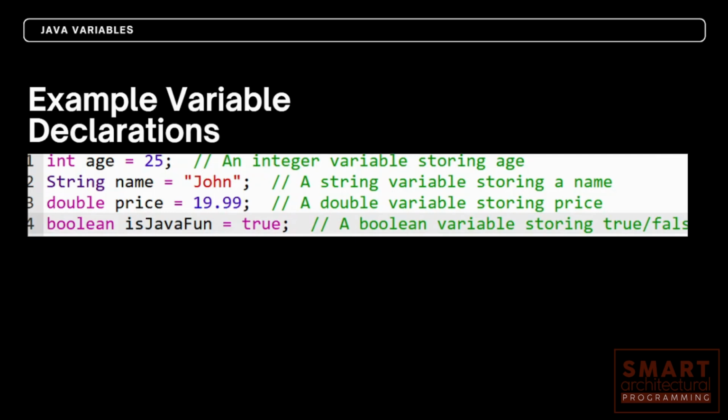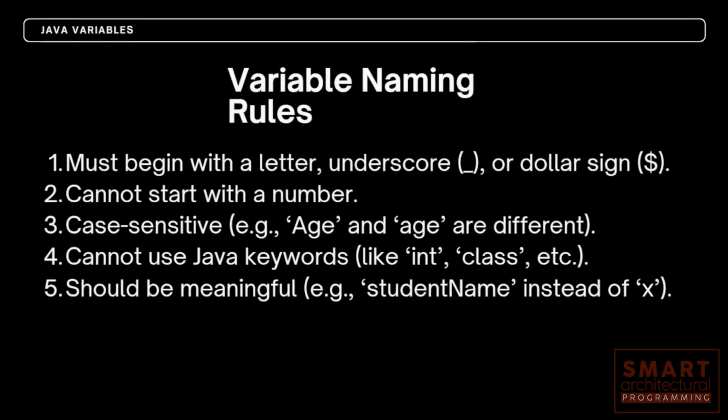Next, we need to understand if there are certain conventions or rules when you're naming variables, as I mentioned earlier. When you're naming variables, we need to remember that the name must begin with a letter, underscore, or a dollar sign. It cannot begin with anything else. These are generalized rules. When we talk about naming conventions, these are certain rules that apply to programmers working in a professional capacity.